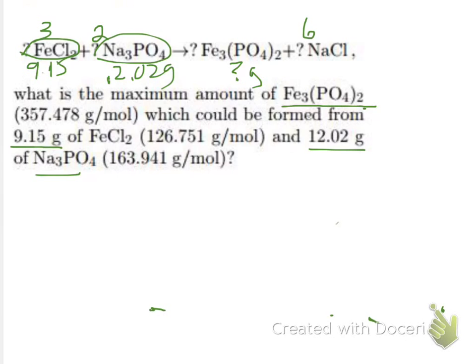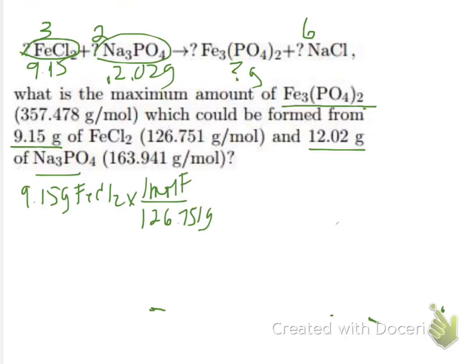So all I have to do is I take my 9.15 grams of FeCl2, and I'm given the molar masses, so it makes it pretty easy. So 126.751 grams is 1 mole of FeCl2. Then I have to use the mole-to-mole ratio, and what I know is 3 moles of FeCl2 are going to give me 1 mole of iron 2-phosphate.